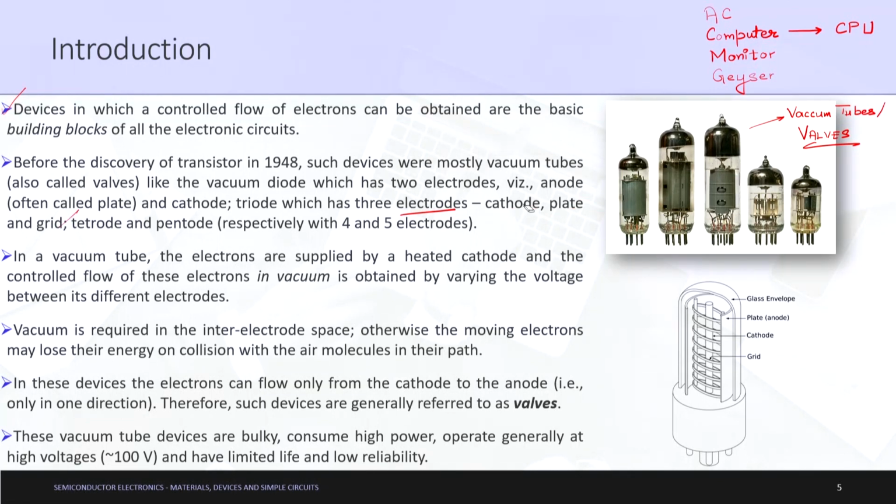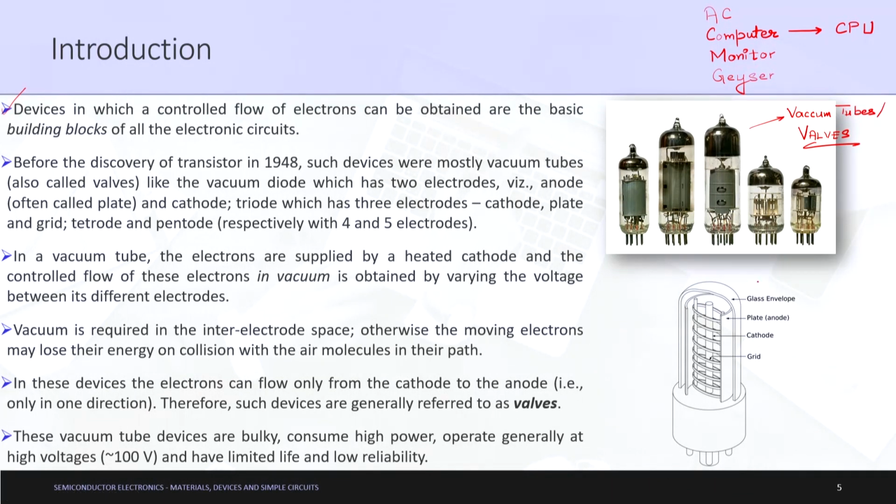As the name suggests, diode, di as in 2, tri as in 3, then there was a tetrode with 4 electrodes, and a pentode, which as the name suggests has 5 electrodes. On the right hand side you can see a pictorial diagram of a diode, I guess.